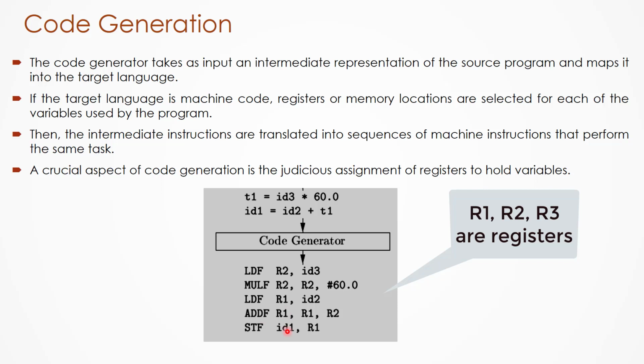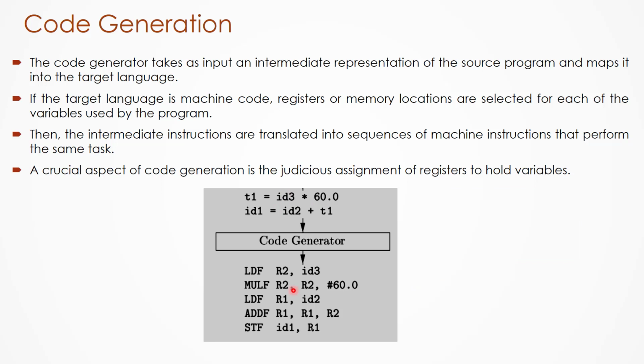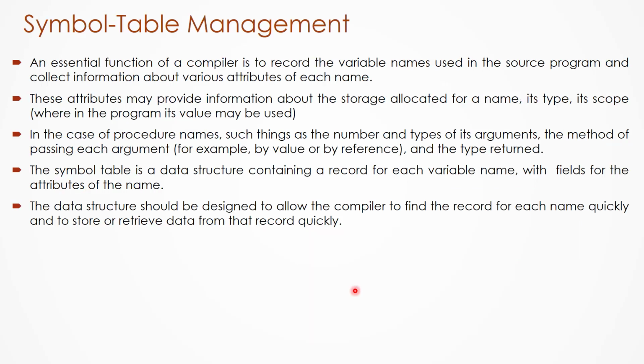Then STF ID1 comma R1. So value from the R1 is stored to ID1. So this is the equivalent assembly level language for these two statements. Please go through it again. So these are the phases in compiler.